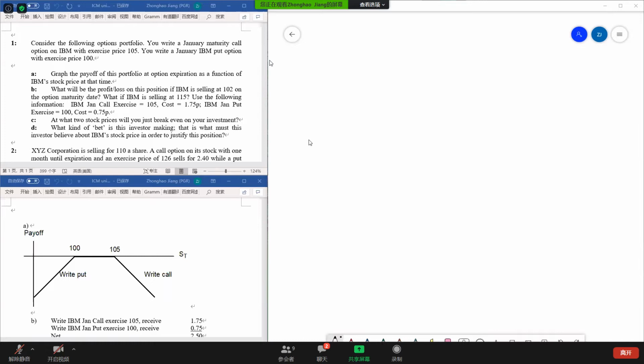First, you should know some formulas for question 1. There are 4 payoff formulas: buy call option, write call option, buy put, and write put.